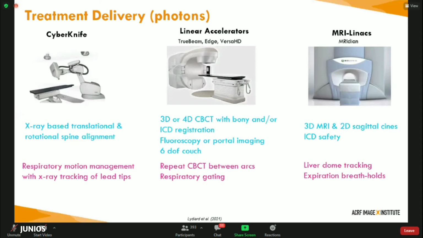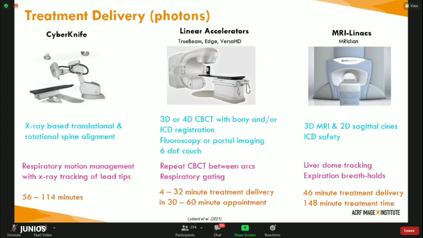The MRI linac treatment used MR-guided expiration breath holds and liver dome tracking. Treatment times were shortest on C-arm linacs, and the MRI linac treatment delivery was longest at nearly 2.5 hours, and this included 55 breath holds, resetups, tracking interruptions, position checks, and a patient toilet break.